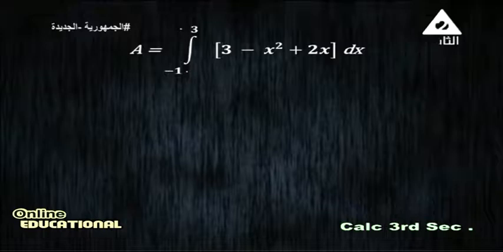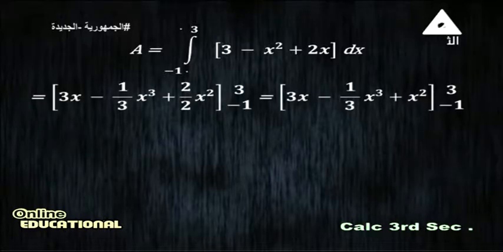What is the integration of 3? 3 is a constant. The integration of the constant 3 equals 3x. And the integration of negative x to the power 2 equals negative x power 3 over 3, or negative a third x to the power 3. And the integration of 2x equals 2x to the power 2 over 2. This integral is from negative 1 to 3.